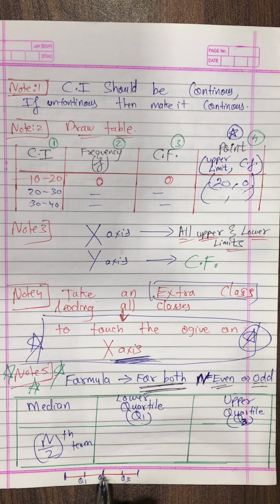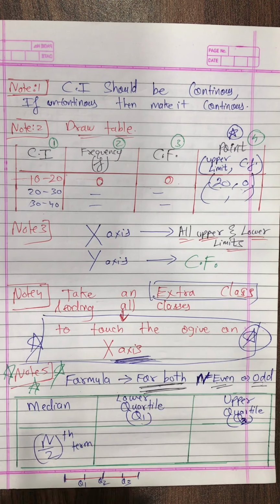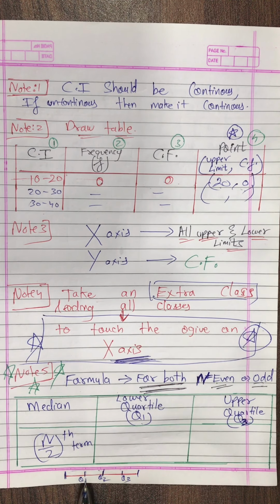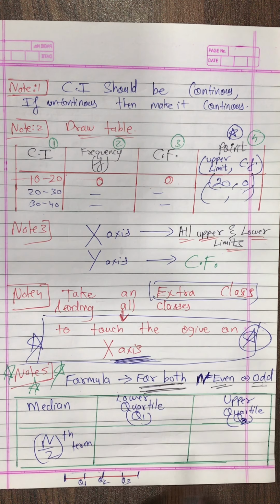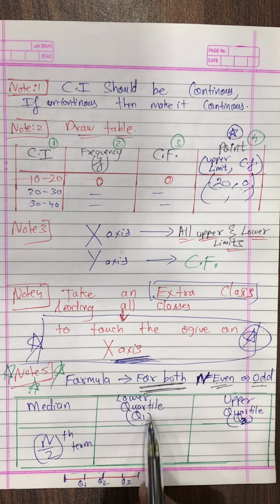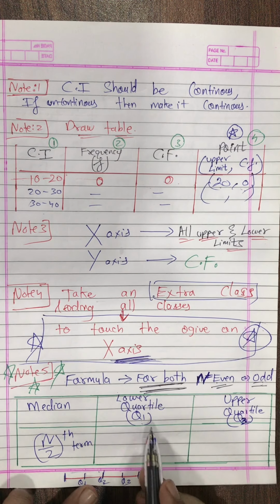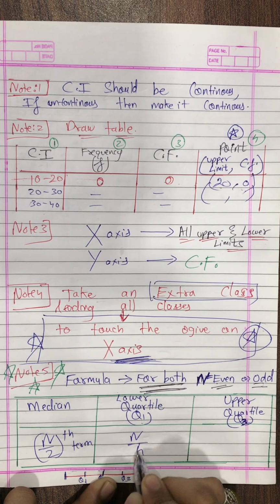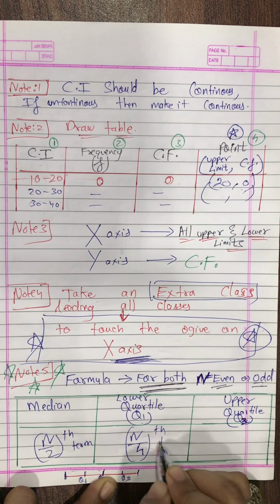So exactly half is called Q2, which is nothing but the median, but we do not generally call it as Q2. And over this first half, if I divide it, it's called as Q1, and in the second half, if I divide it, it's called as Q3. So lower quartile Q1, upper quartile is Q3. Okay, what is the formula for Q1? Q1 is lower quartile, n upon 4th term.